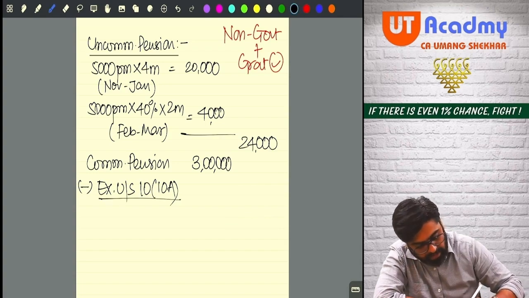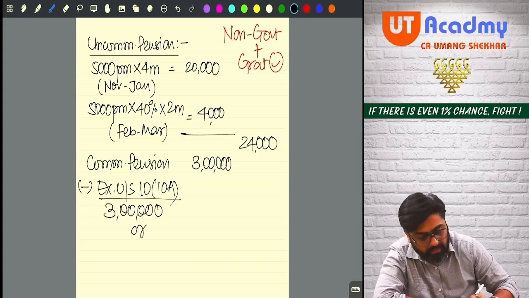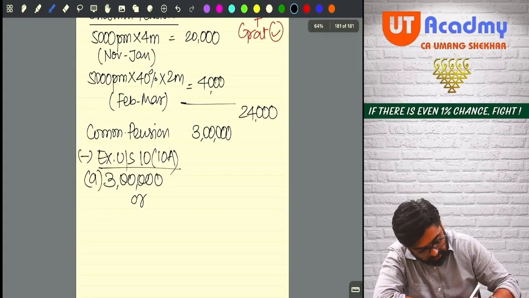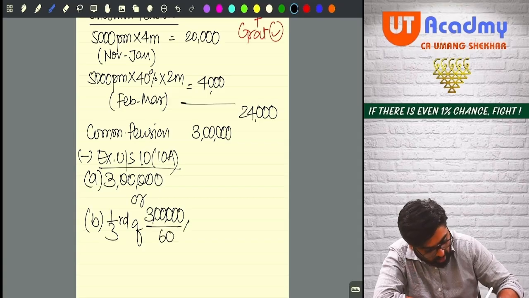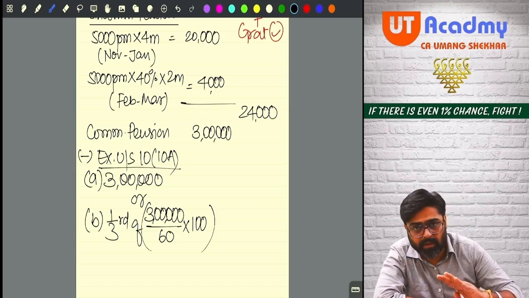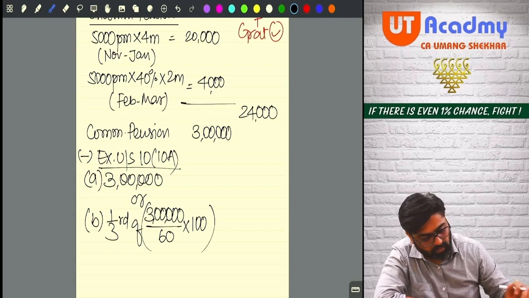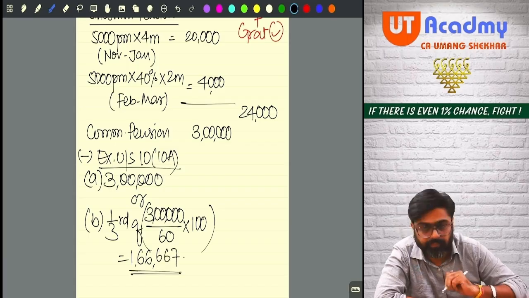Now the exemption will be A, either the commuted pension amount, or B, maximum one third of fully commuted pension. So if 3 lakh is received by commuting 60%, how much will he receive on commuting 100%? 5 lakhs. 5 lakhs divided by 3, he is going to get how much? 1,66,667.